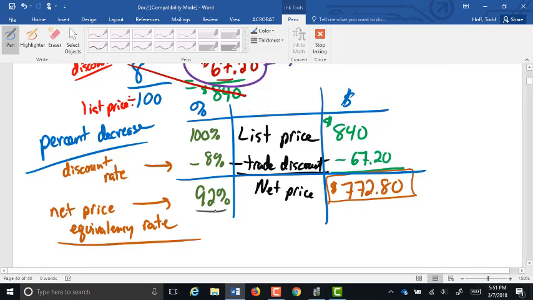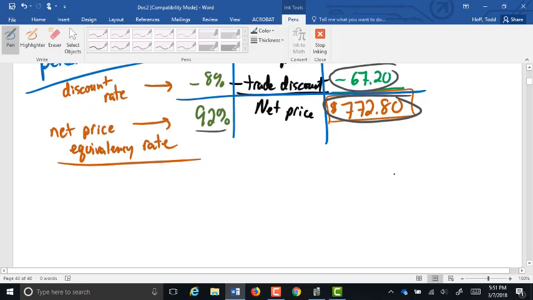So rather than going through, if I didn't want the amount of the discount, if I just wanted the amount of the net price, rather than going through the trouble of finding the discount and subtracting it, I could actually just use the net price equivalency rate. I know that the net price is 92% of the list price.